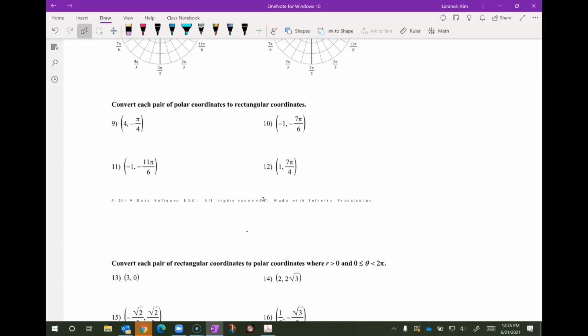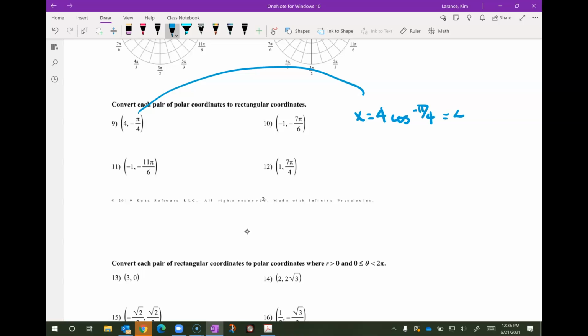Yes, I need you to do that. So let's just take a look at one of these. Let's come over here with 9. X equals 4 times the cosine of negative pi fourths. Negative pi fourths puts us in the 4th quadrant, so cosine is positive.